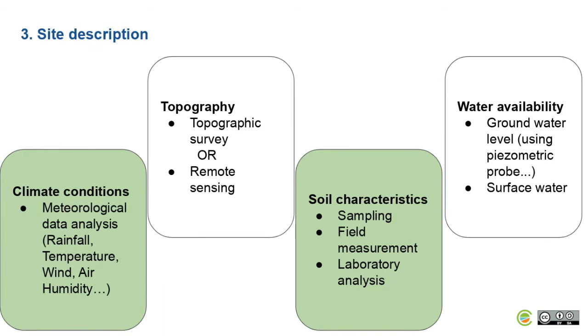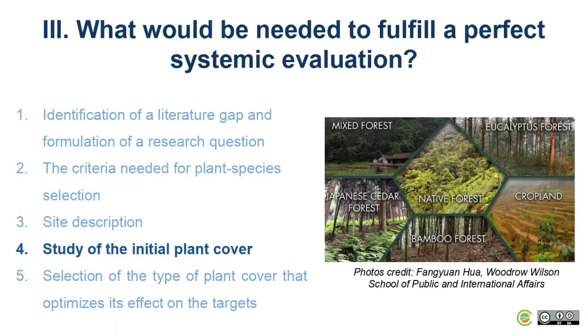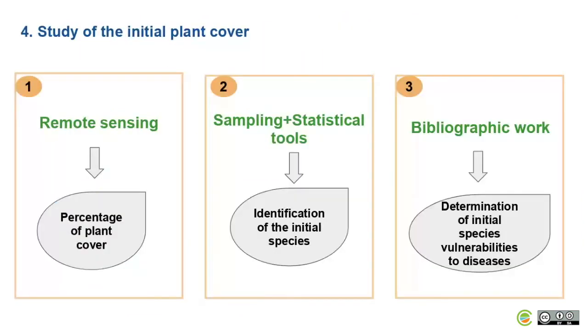And after that, it's also necessary to study the initial plant cover before implementing a new plant cover. And for this study, we propose remote sensing in order to have an idea on the percentage of plant cover. And once we know which surface is covered by plants, we can use sampling and statistical tools in order to identify the initial species.